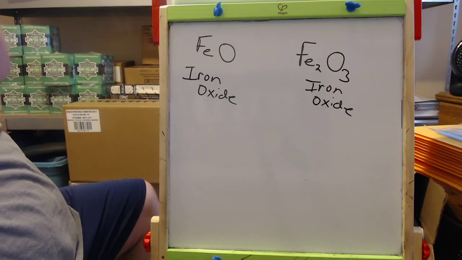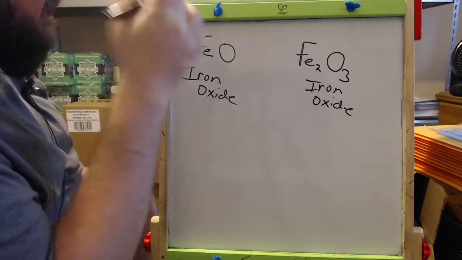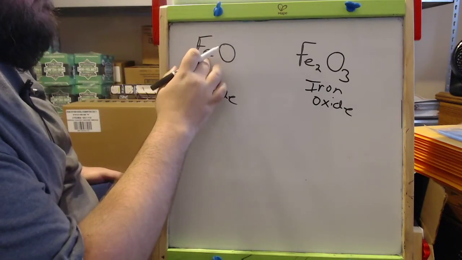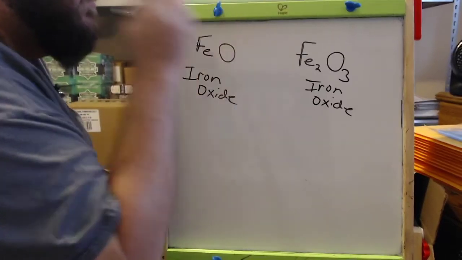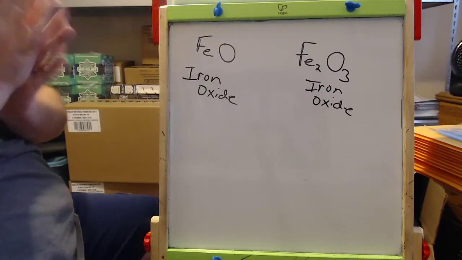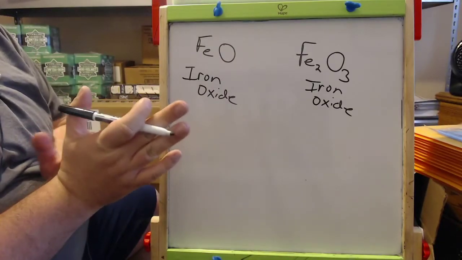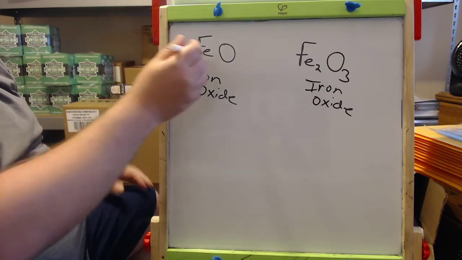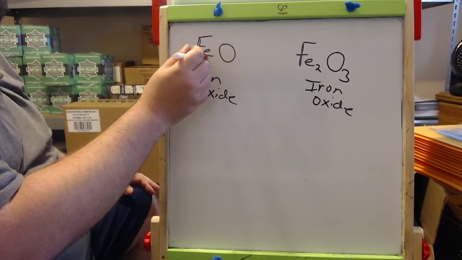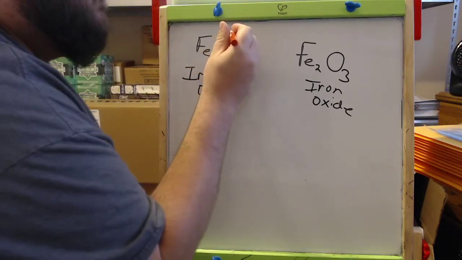In order to distinguish between them, we use the charge of the iron. Oxygen is a 2-. Now, here's how you figure out the charge. Listen really good here. Here's how you figure out the charge on your transition element.